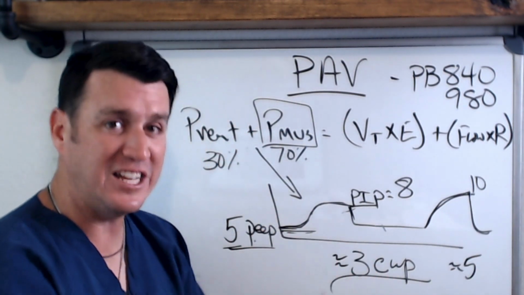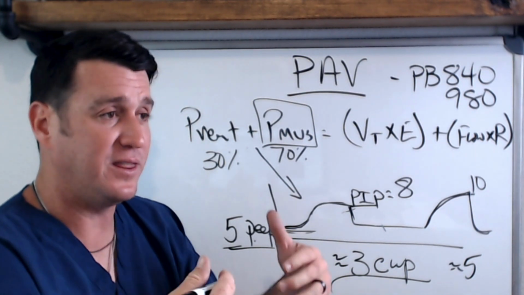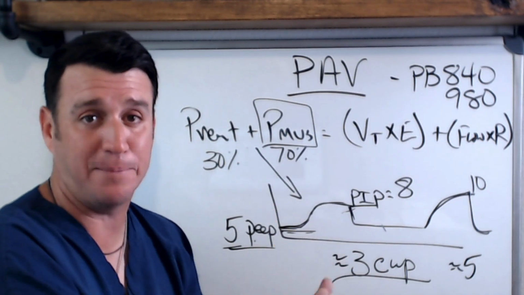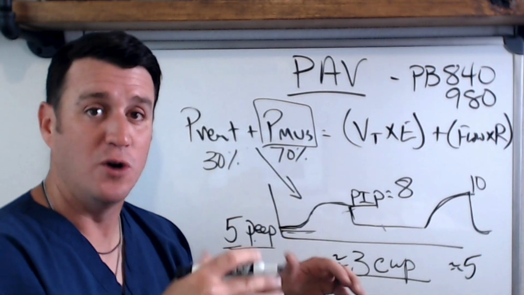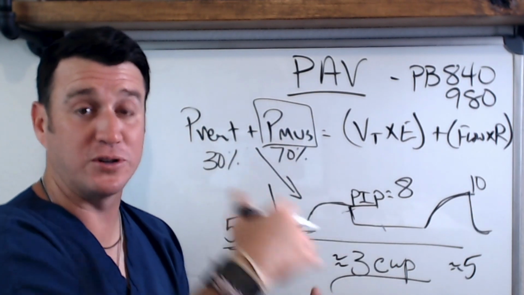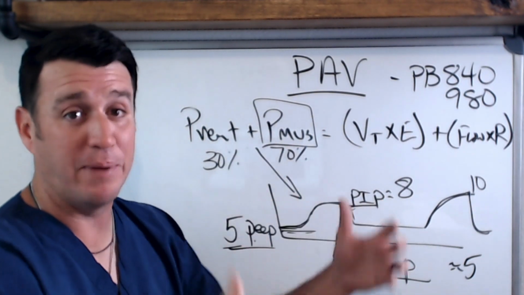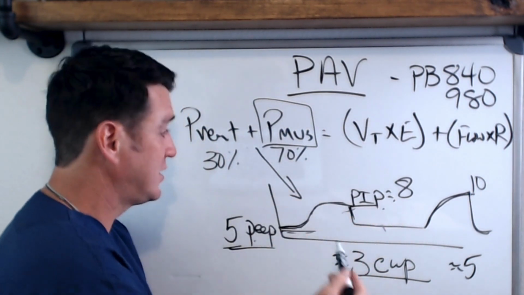So the amount of inspiratory pressure assistance that patient gets, or the inspiratory pressure support that patient gets, even though it's not pressure support, will vary. It will increase. If you turn the percentage down and the lungs start getting better and the patient does better, then you'll see these two numbers come closer together.